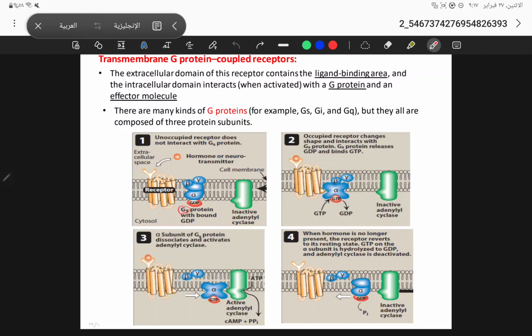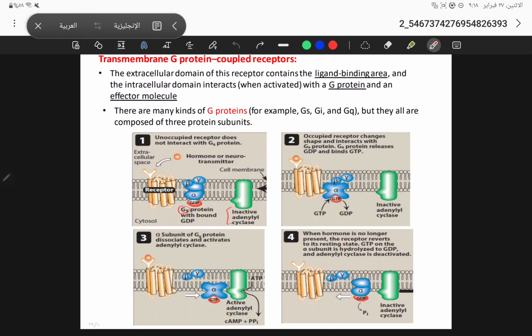Adenyl cyclase is an enzyme responsible for the production of cyclic AMP. Cyclic AMP always causes phosphorylation, enzyme activation, and may stimulate calcium release from the endoplasmic reticulum. It could act differently inside the cell, so it is considered a second messenger.